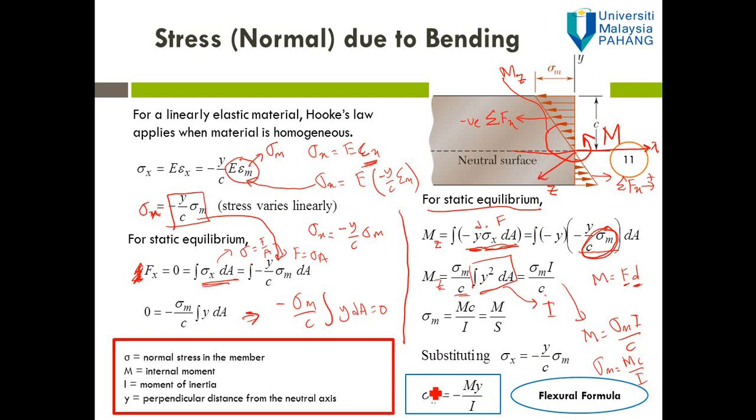So sigma x is equal to minus My over I. This is what we call the flexural or bending stress formula.